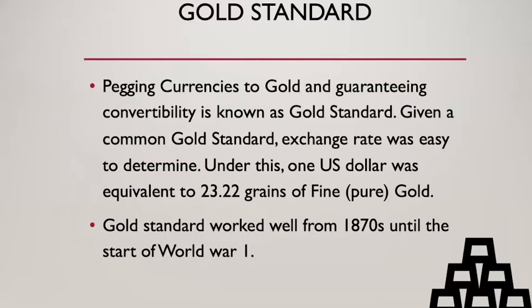Pegging currencies to gold and guaranteeing convertibility is known as the gold standard. Given a common gold standard, the exchange rate was easy to determine. Under this, $1 was equal to 23 grains of fine gold.